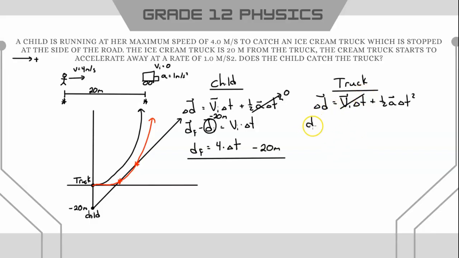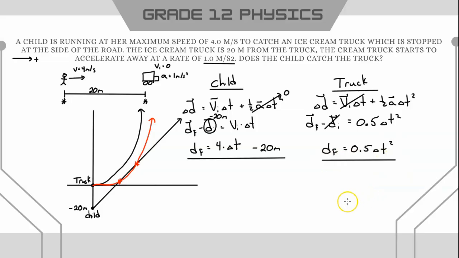And then we have final position minus initial position, but we chose this to be the origin. That's where the truck is starting. That was our choice. So this is going to be 0. So that just equals 1/2 a delta t squared, where a is 1 meter per second squared. So that just equals 0.5, right? 1/2 times 1 is 0.5, times time squared. So our final position here is 0.5 delta t squared. So here we have a quadratic.